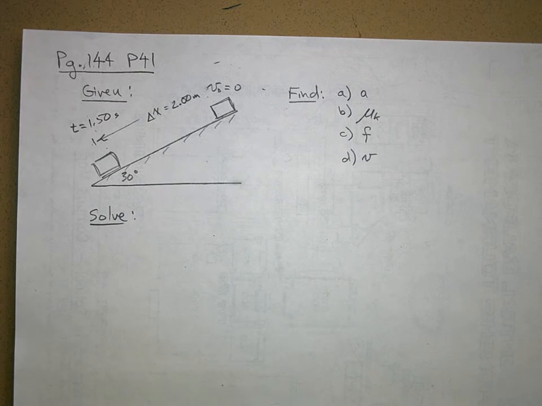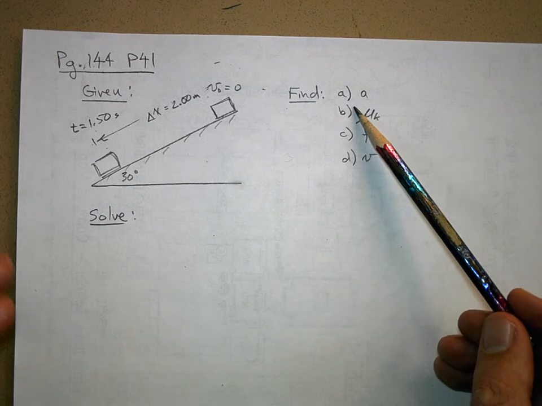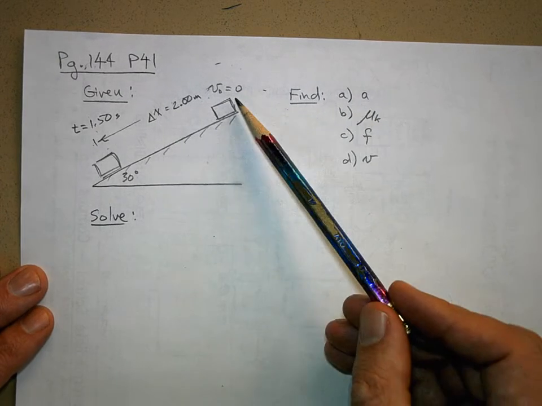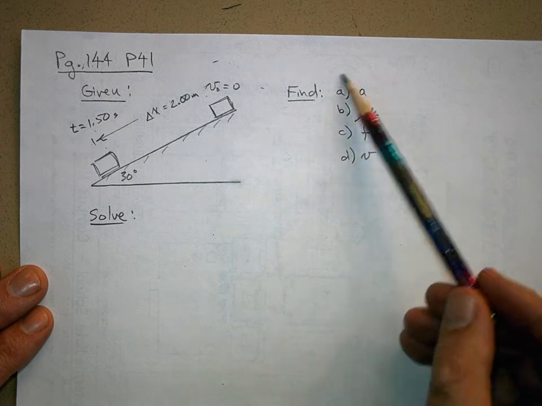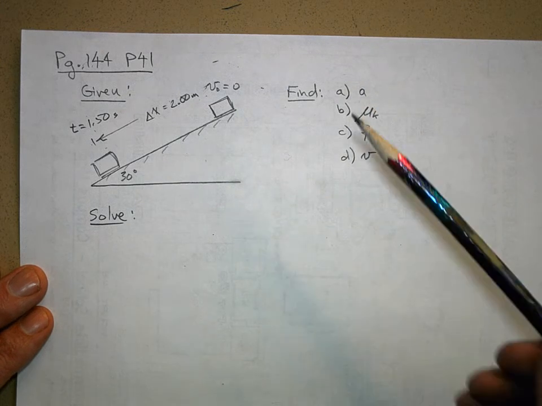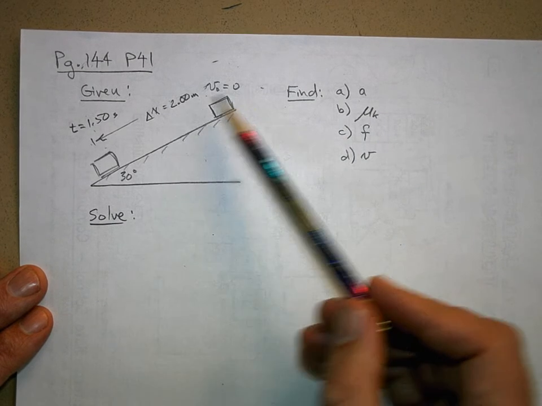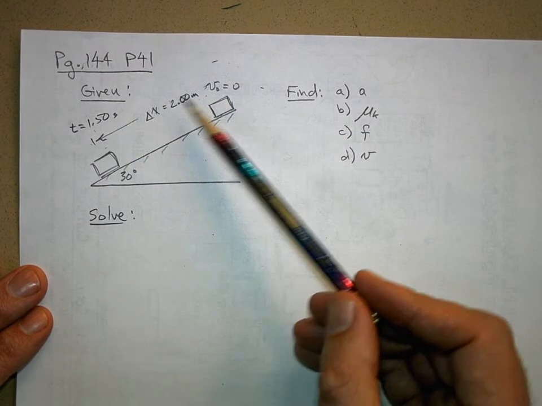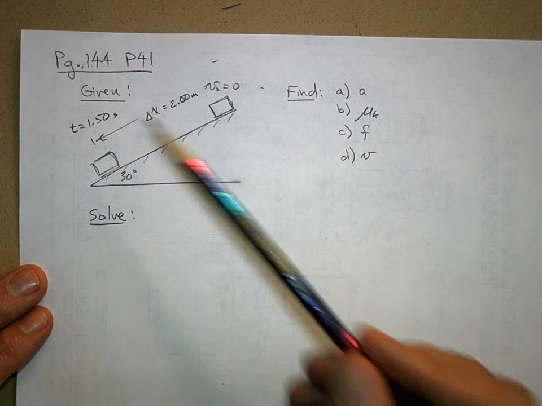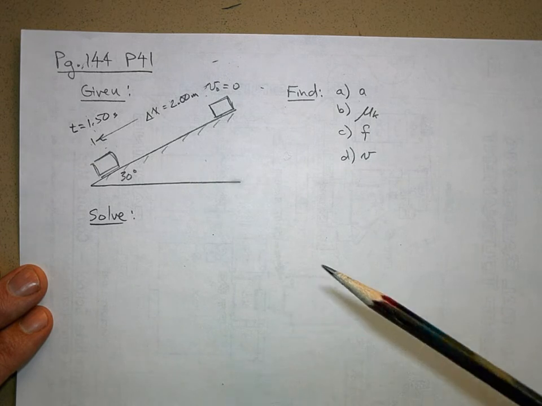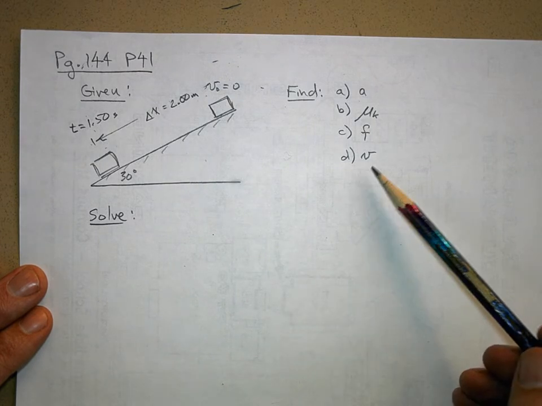Think about it. What do we not know and not need for part A? We don't know the acceleration, but we're trying to find it, so we want an equation with acceleration in it. We know the initial velocity, the time, and the displacement, but we don't know the final velocity, and we're not trying to find it yet.